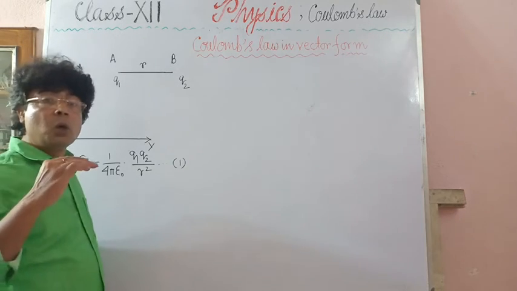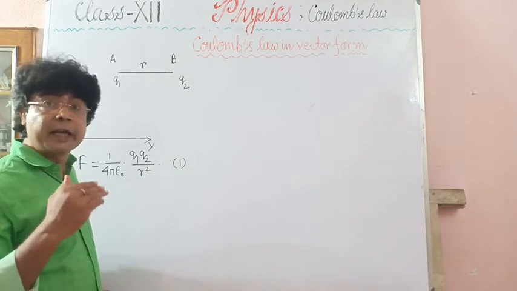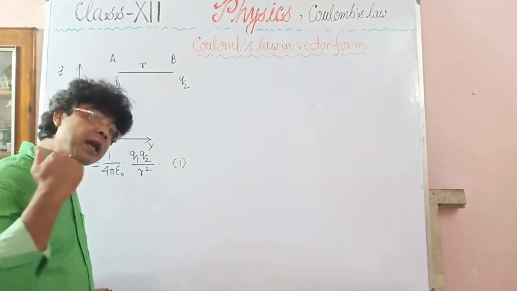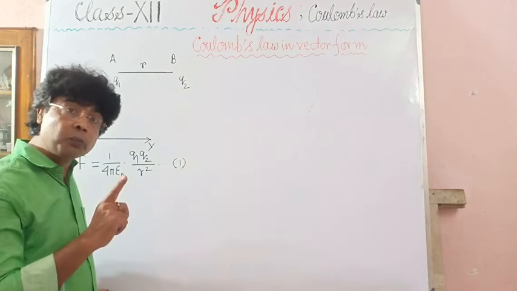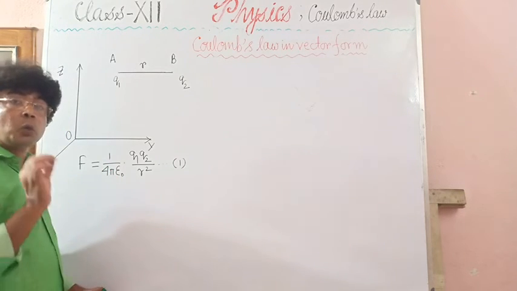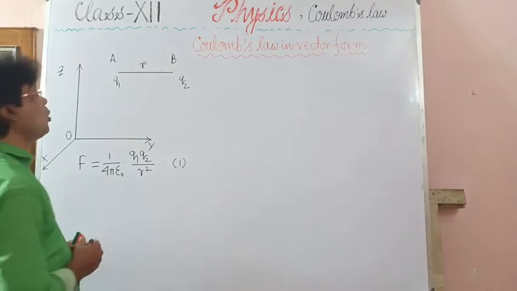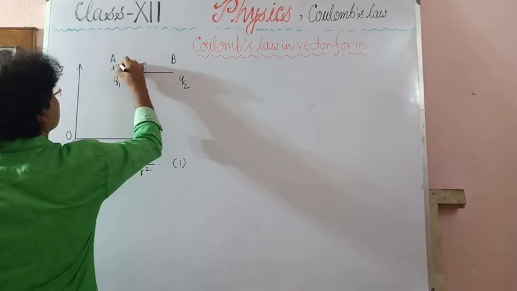Now, we have to express this electrostatic force in vector form. That will be the vector form of Coulomb's law. Here we consider both the charges have positive sign.